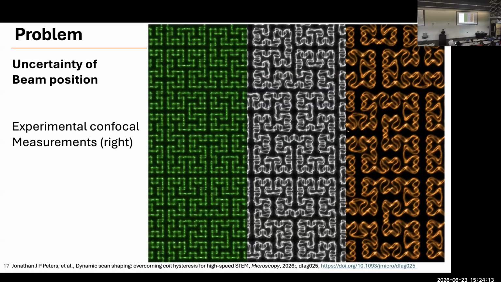And so on the left, I'm showing an example of a Hilbert curve scan with 10 microsecond dwell time, 1 microsecond dwell time in the middle, and then 0.1 microsecond dwell time on the right. And you can see, it kind of looks good at those longer dwell times, but then the point is we're trying to go faster. And it turns out they actually break down when you start to go faster. So it's not really viable.